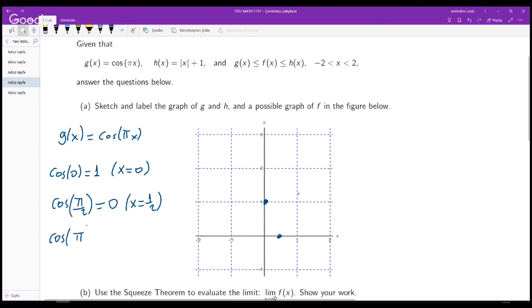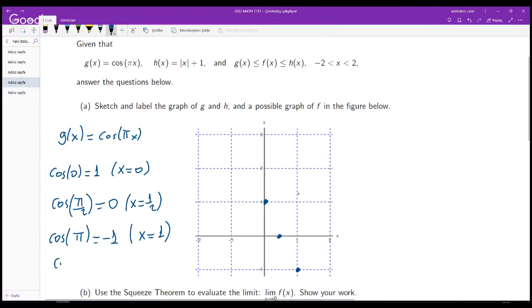We have the next one, cosine π. What's cosine π? Cosine π is minus 1, right? Which appears when x is equal to 1, because we have cosine πx. So therefore, the next point is x is 1 and y is minus 1.